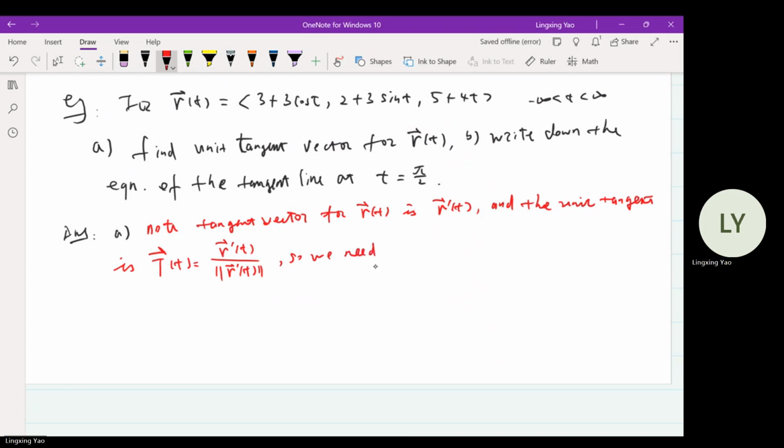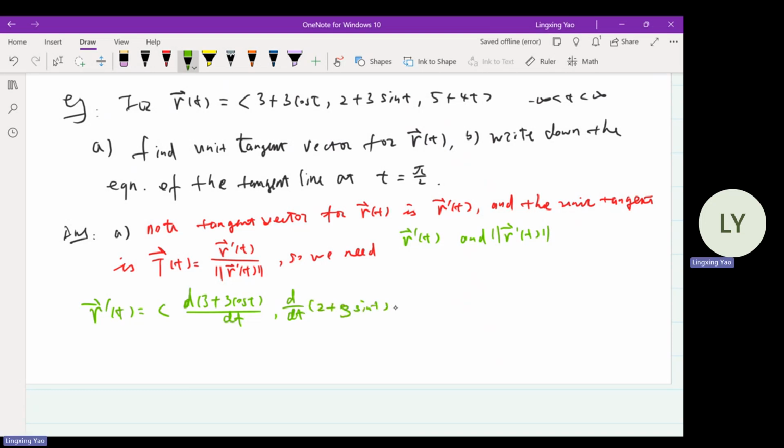So we need the two quantities, R prime of t and the length of R prime of t, to answer the first part of the question. So let's just compute. What is R prime of t? That is relatively easy to compute, but I will not skip any step so that you know what we are actually computing in each of those steps. Okay, so this is the symbolic formula that we should follow.